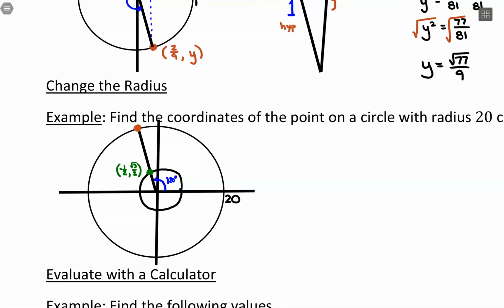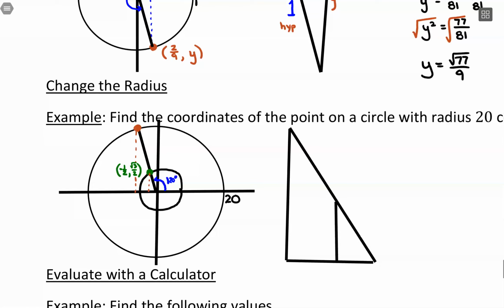What we can notice though is that they're really relating to the same triangle. It's this 30, 60, 90 triangle coming through. So let me just bring that to the side here. And what I'm going to do is put this in kind of more abstract terms of just sine and cosine so that we can relate this to any radius that we deal with.